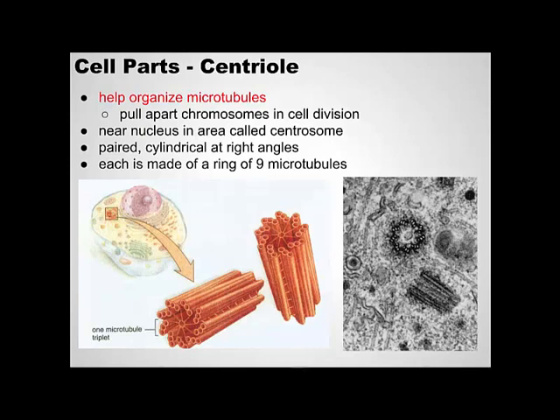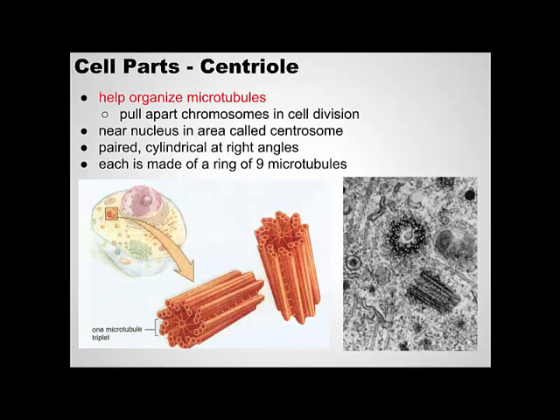So there's a few parts of this cytoskeleton. One part are these things called the centrioles. And the centrioles are most pronounced in animal cells. They look like two rigatoni. One is vertical and one is horizontal.